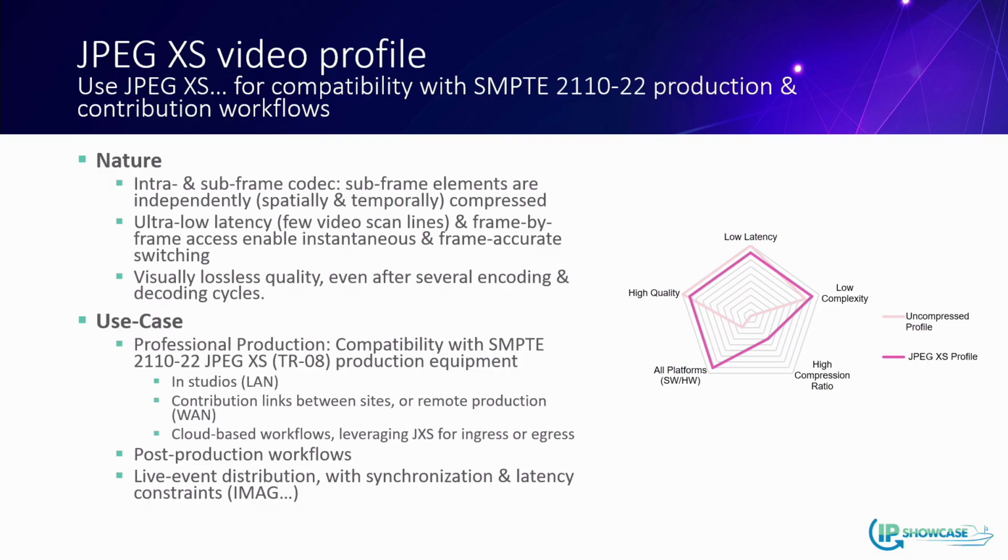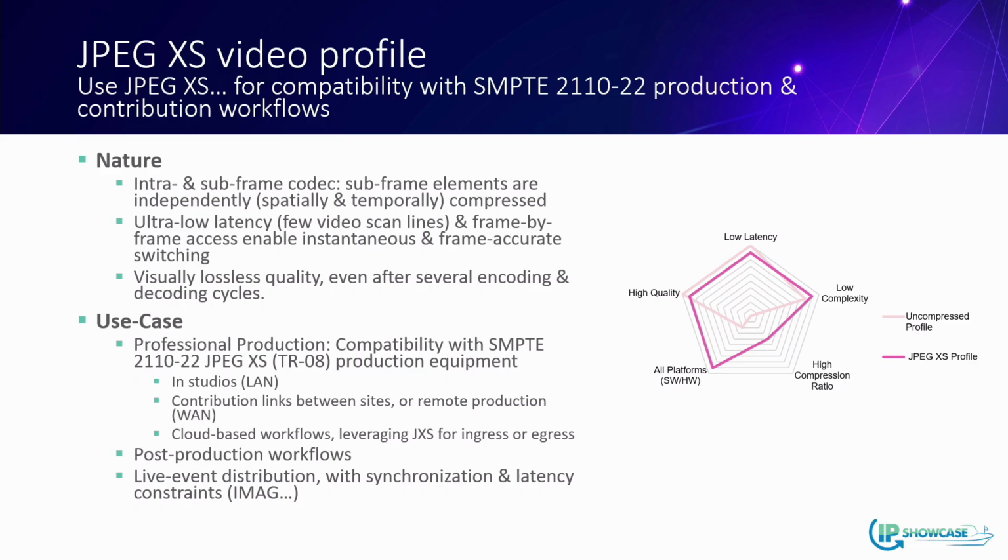And so you've got first the JPEG XS video profile, and it's a great video profile if you want to be compatible with SMPTE 2110-22 production equipment and contribution equipment as well. So it also enables frame-by-frame access, because information is self-contained within a group of lines and not across frames. So that's great if you want to do some switching, instantaneous switching.